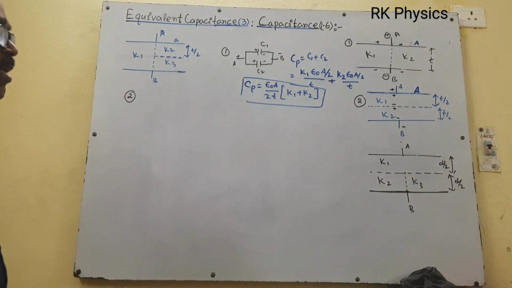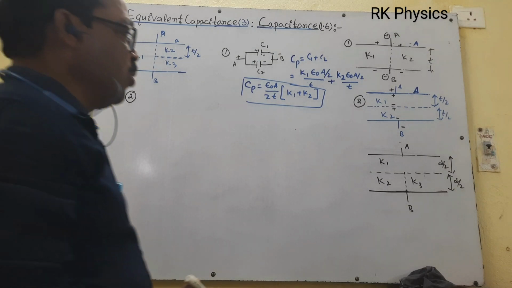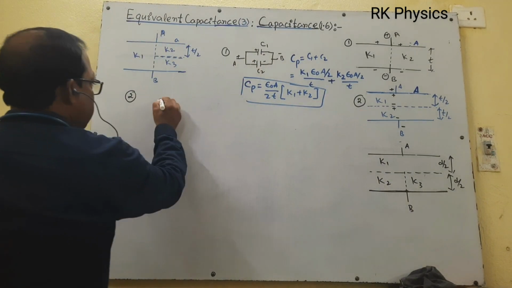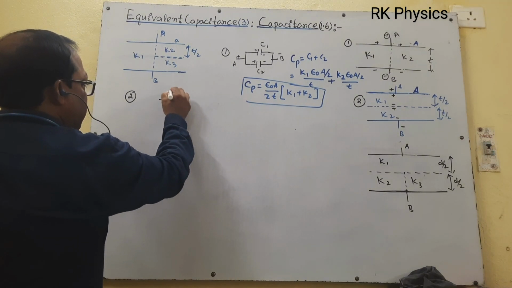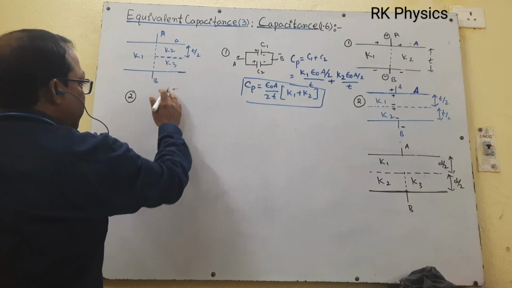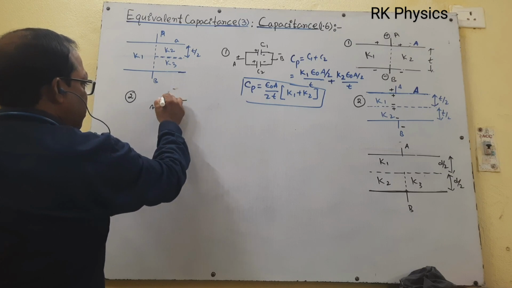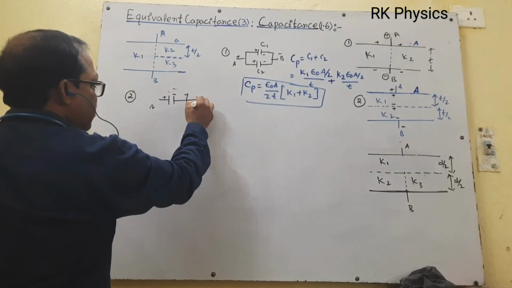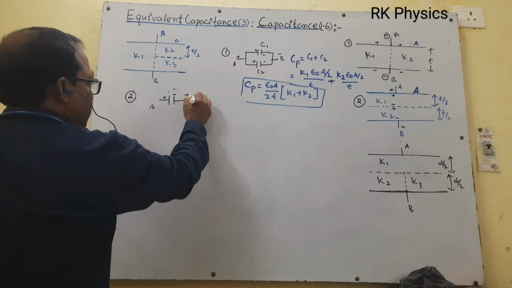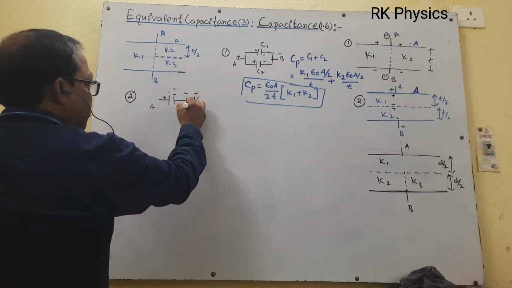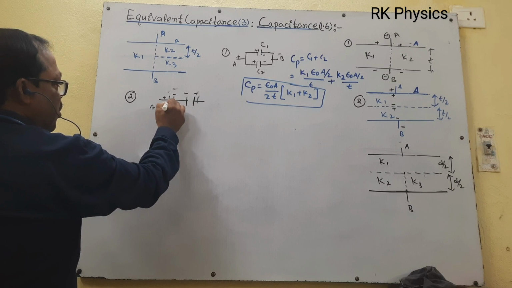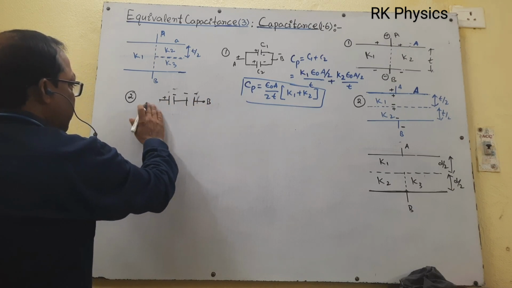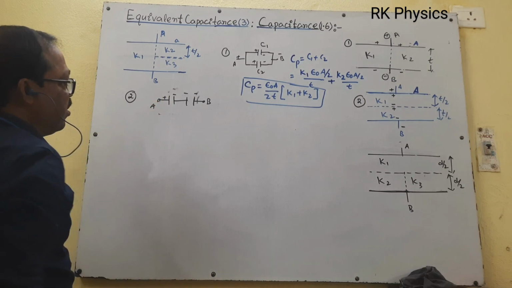So the plus side induces minus, and the minus side induces plus. And the equivalent circuit of this type of combination is, this is A, so this is plus, then minus, then plus, then minus, then plus, then minus, and this is B. This is your circuit, between A and B.